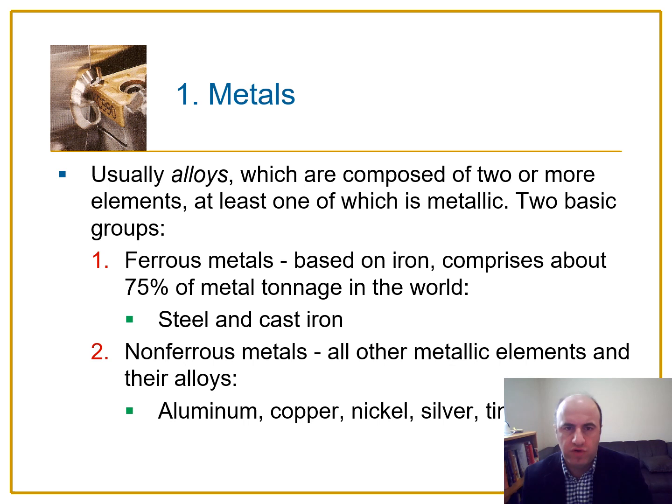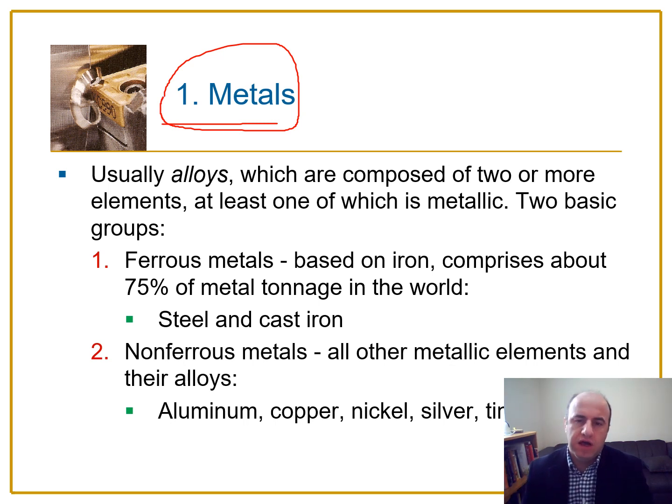As I mentioned before, we have metals, and metals have a lot of uses in manufacturing. And normally pure metal is going to be combined with other elements to make alloys. And we have two basic groups, as I mentioned before: ferrous metals and non-ferrous metals.